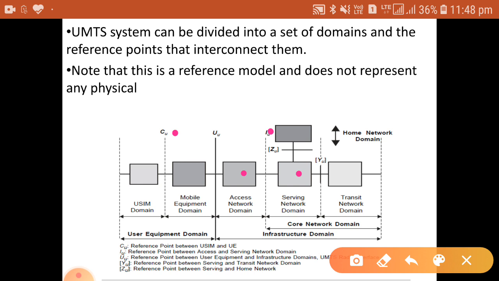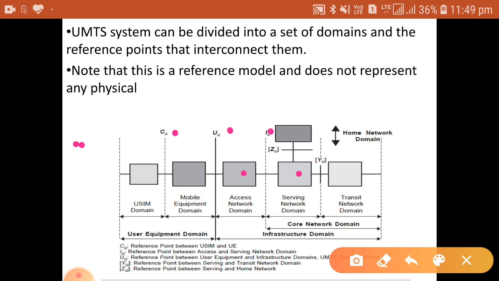And the third important reference point is UU. This UU acts as a reference point between the user equipment and the infrastructure domain. In the previous point I explained that our reference architecture is classified into various types of domains.